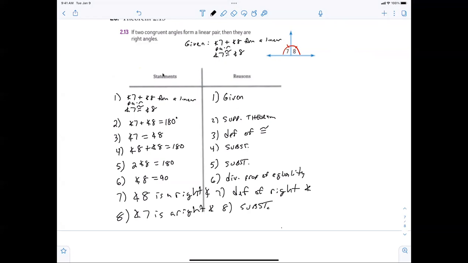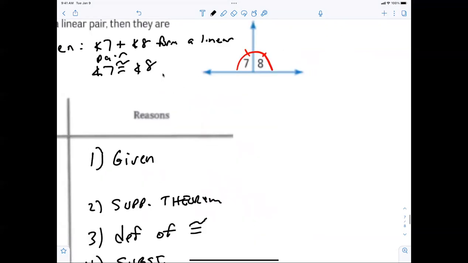That is a good question. Supplement theorem says that they add up to 180, right? And definition of linear pair, let me make sure I say this right.